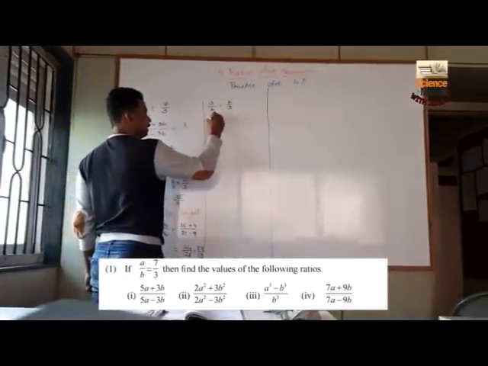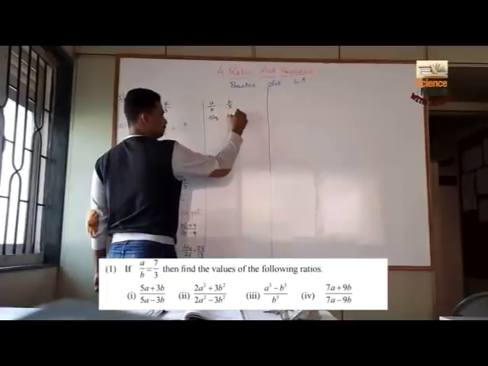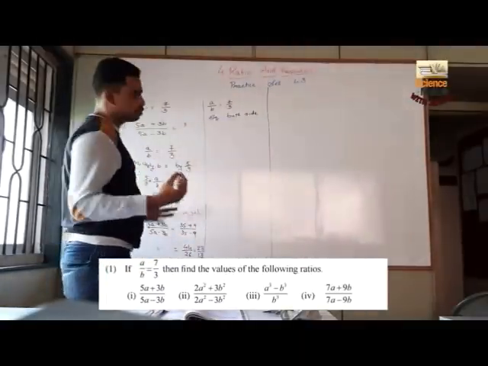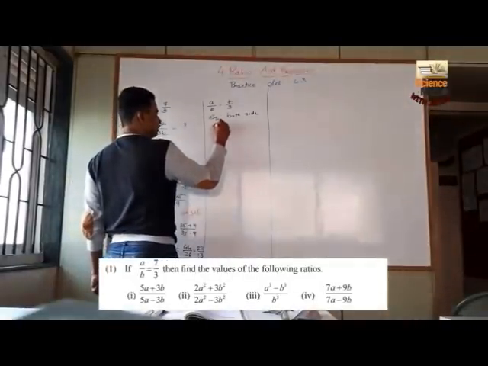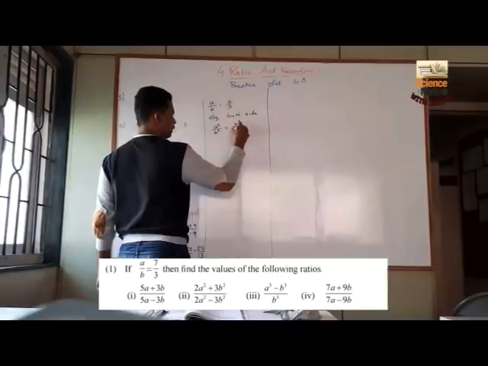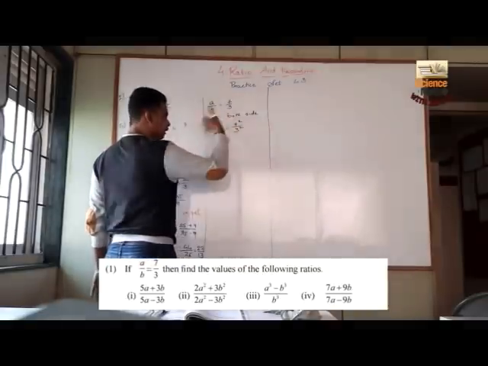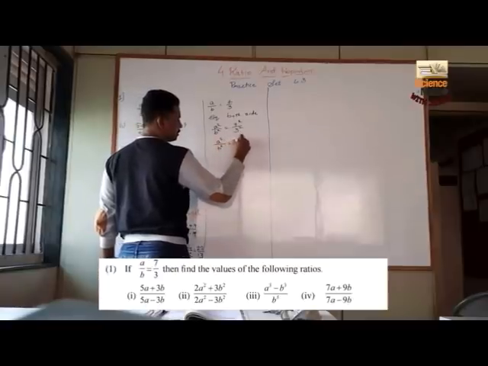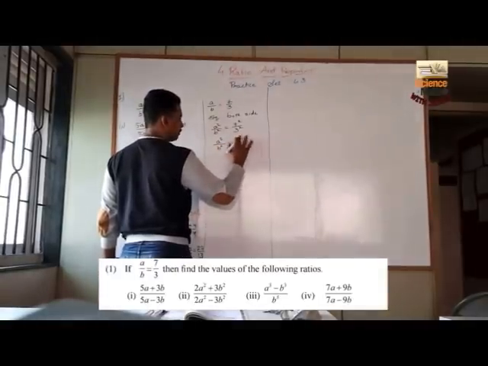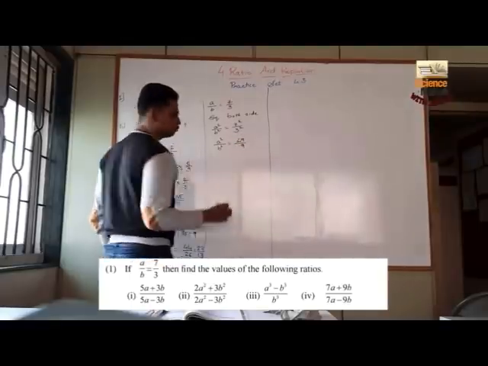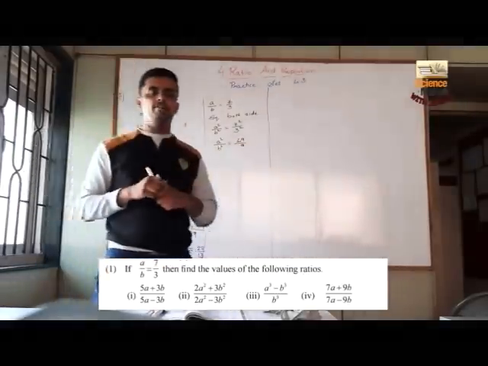So we require a squared and b squared, that is why we have to square both sides. That is why a squared upon b squared is equal to 7 square upon 3 square. Calculating all of this, a squared upon b squared is equal to 49 upon 9. This I have now.